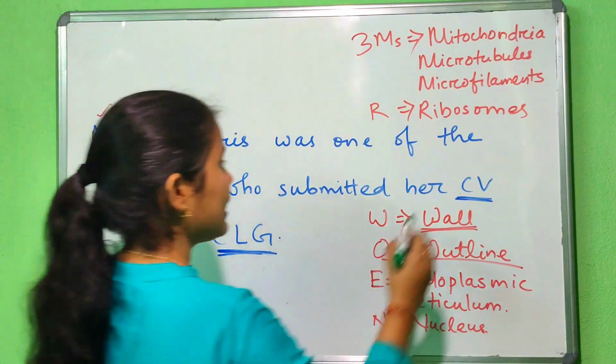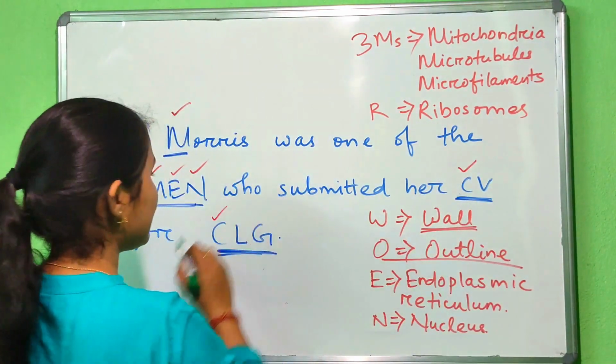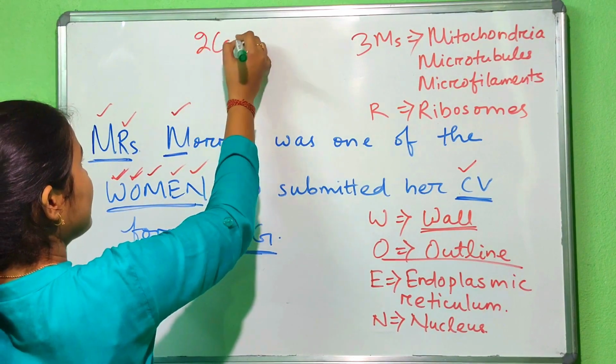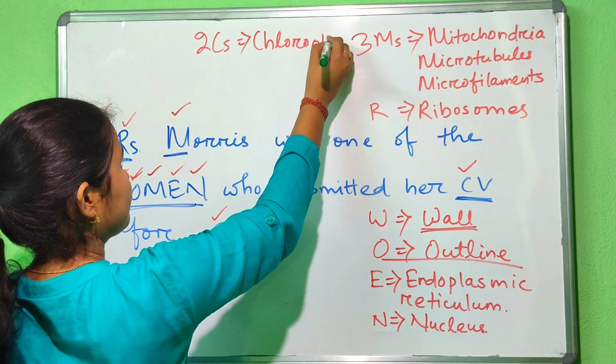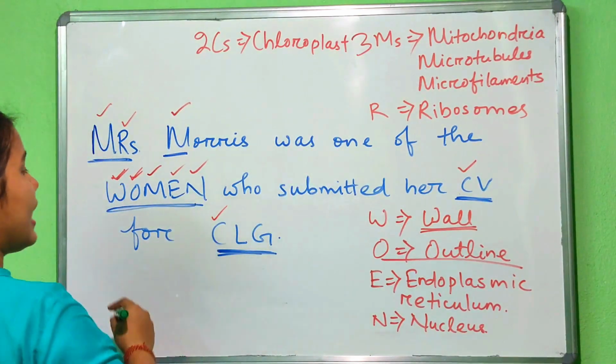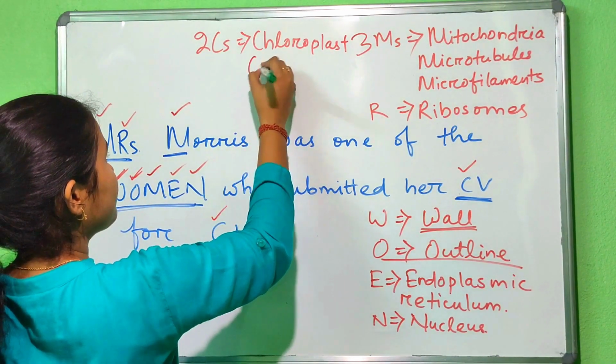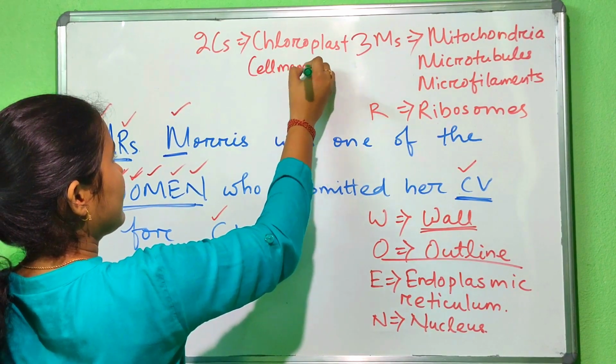Then come to C. How many C's are there? There are 2 C's. The first C is for chloroplast. And the second C is for cell membrane.